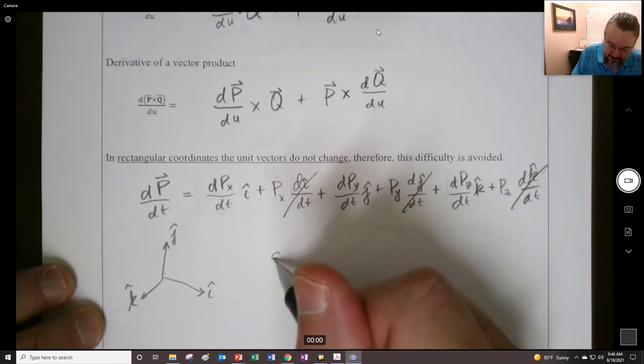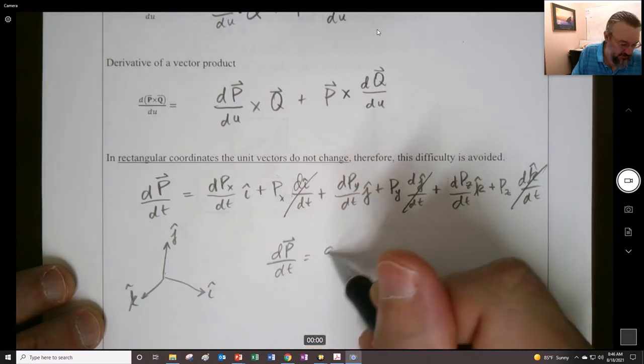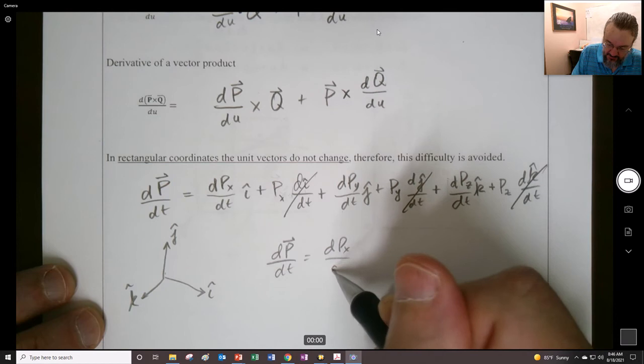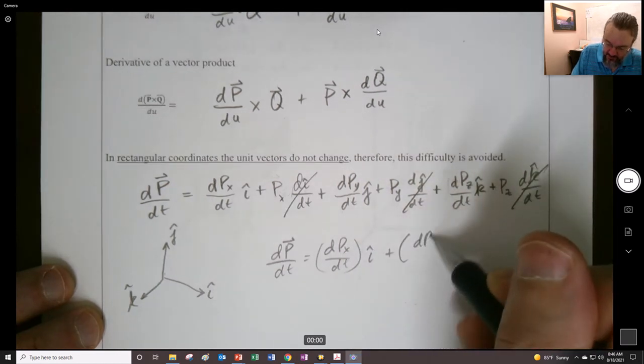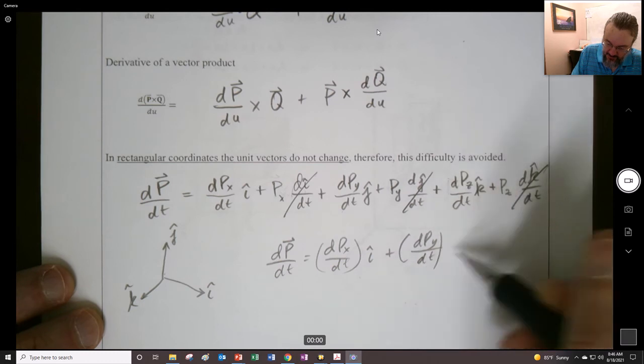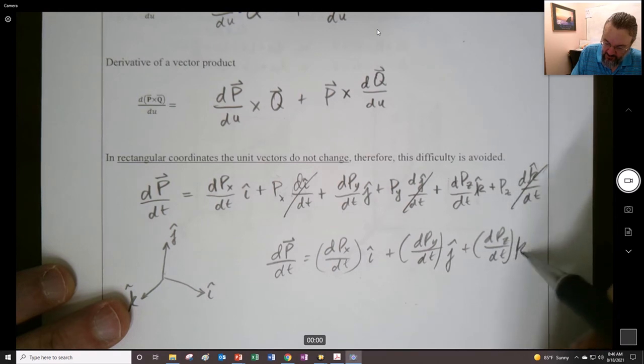So you could say that dp dt is just equal to dpx dt i plus dpy dt j plus dpz dt k.